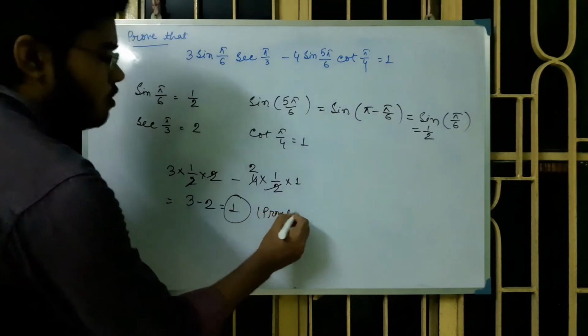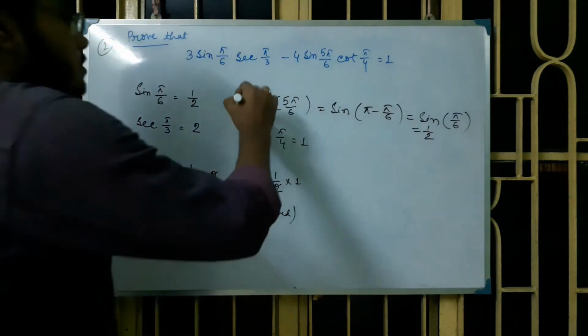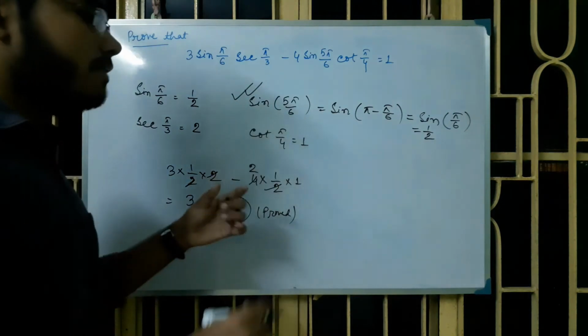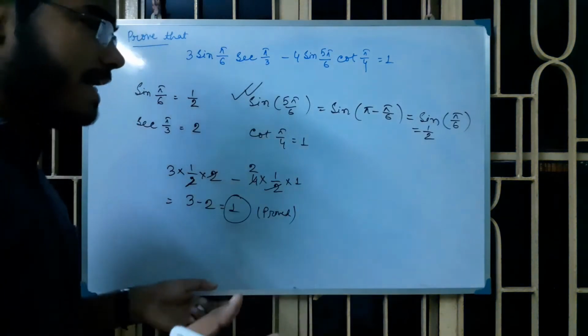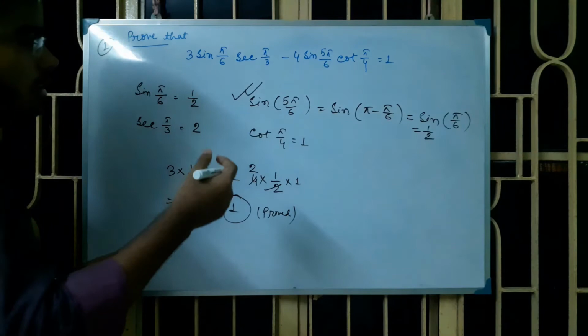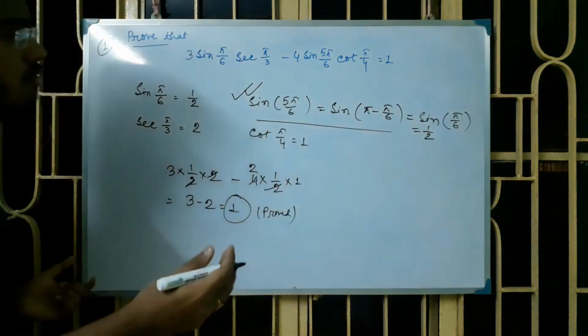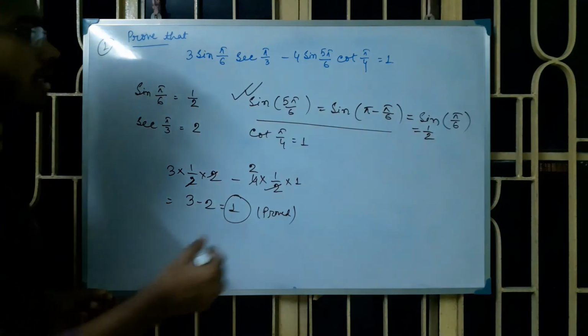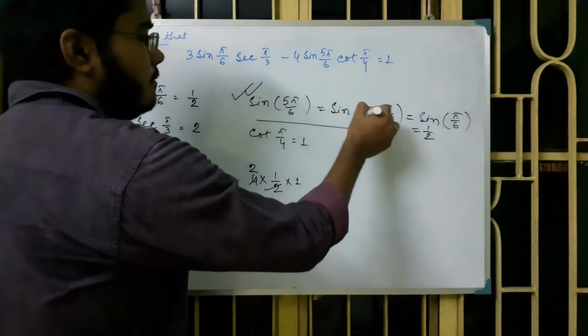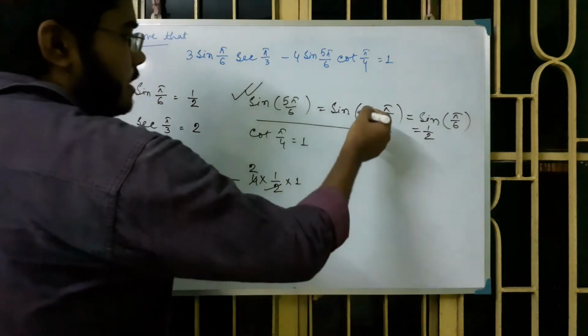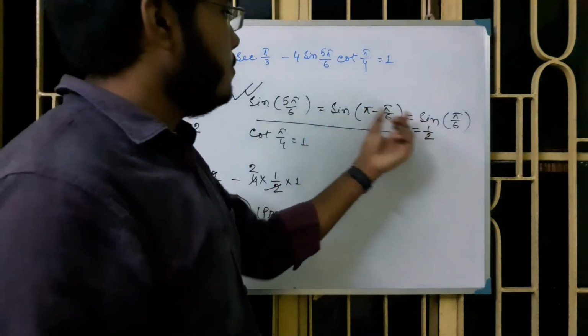So the only thing to learn is how to calculate the values other than pi to pi. That's how we calculate. If there is a multiple of pi, then that will be similar.